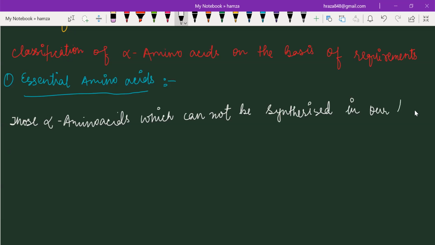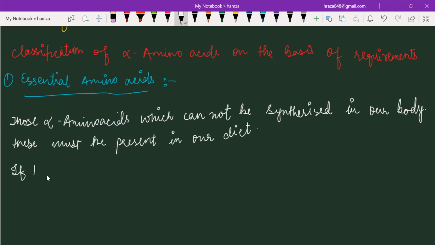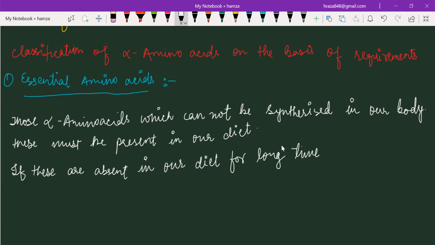So those alpha amino acids which cannot be synthesized in our body must be taken or present in our diet. If these are absent in our diet for a long time, it may lead to deficiency disease.